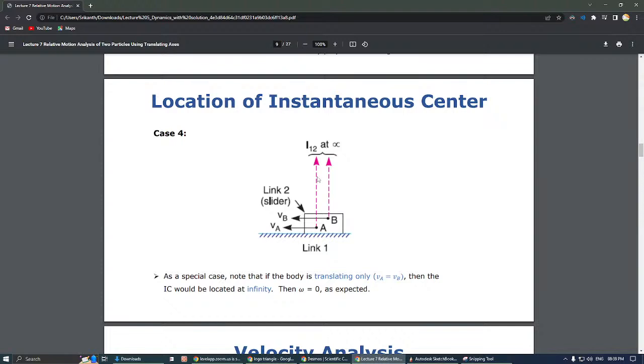It will be at infinity. If one velocity is different from the other, then we can form a triangle. In this case, triangle is also not possible. That's why it will be at infinity.